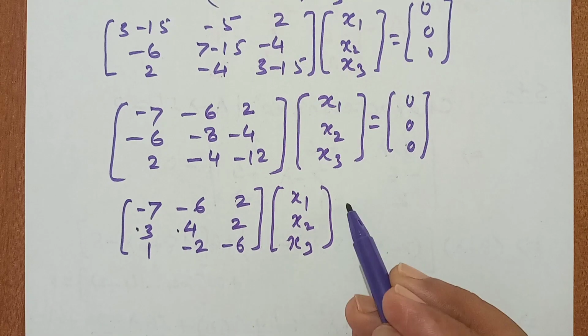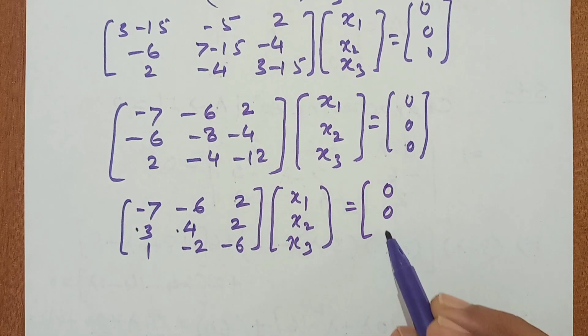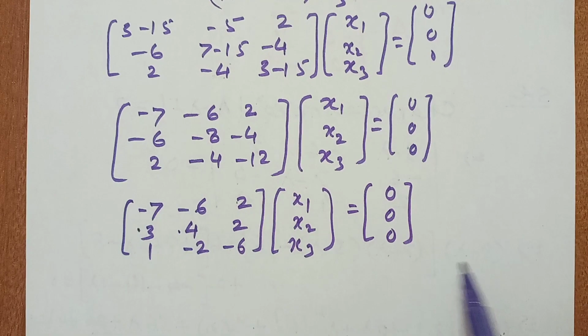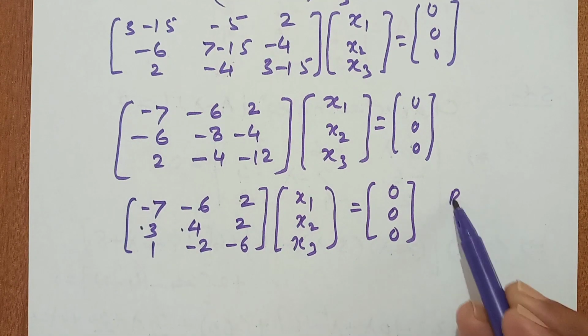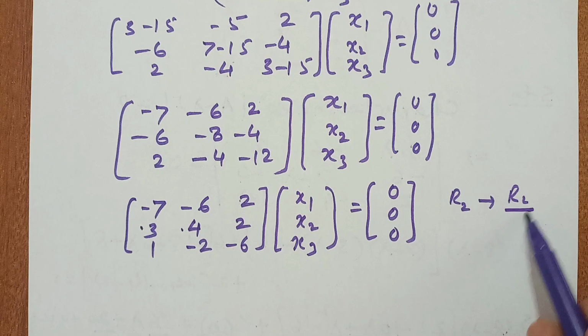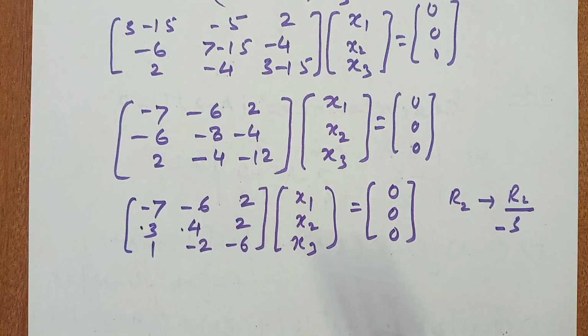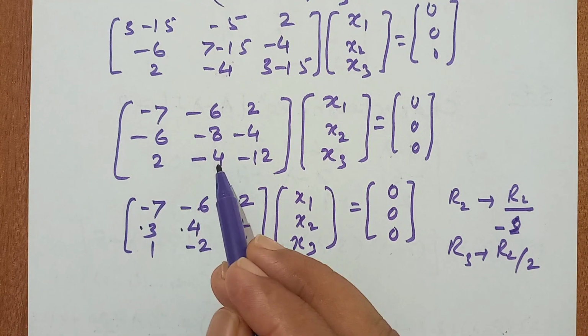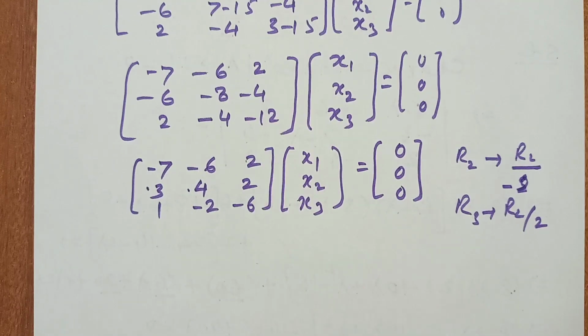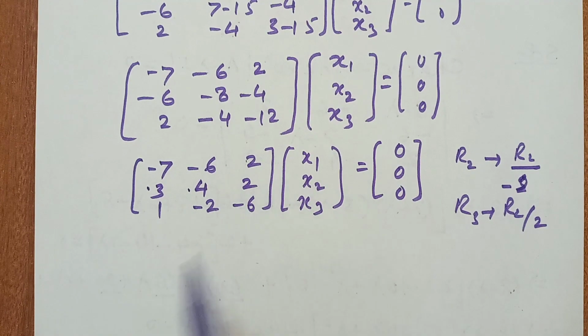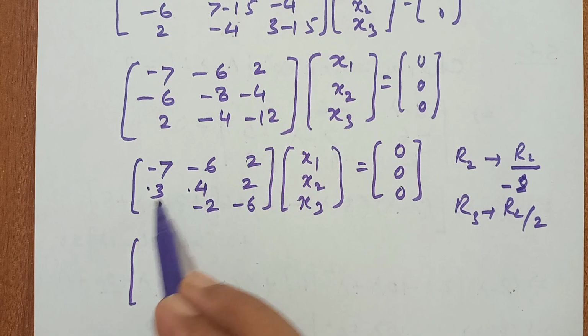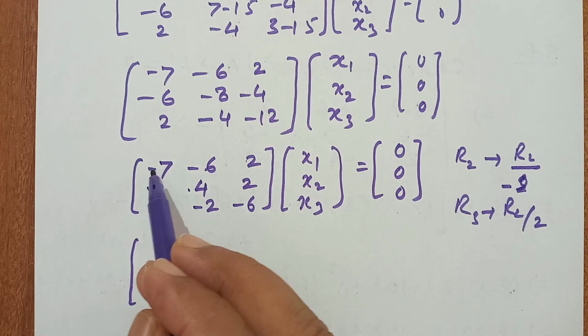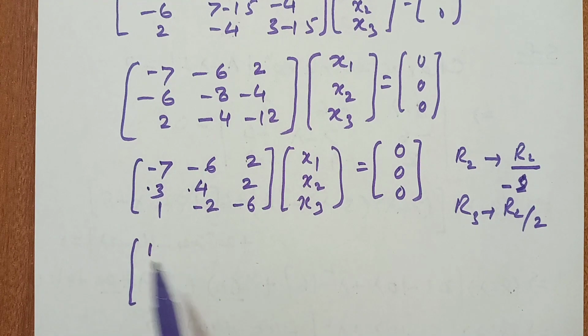Because we will use only row operations, R2 tends to R2 by minus 2, R3 tends to R3 by 2, so 2 1 minus 2 minus 6. Now we will interchange R1 and R3. Why? Because this is 1 and we need 1 in the first row, first column element. 1 minus 2 minus 6, this is the same.